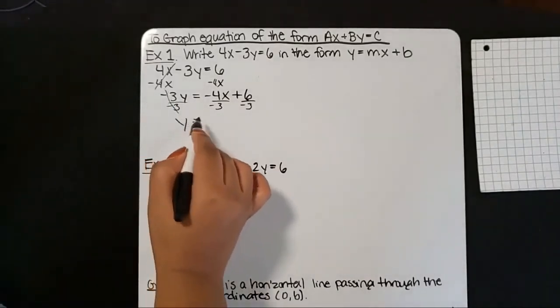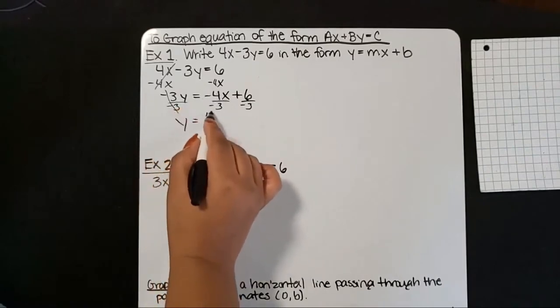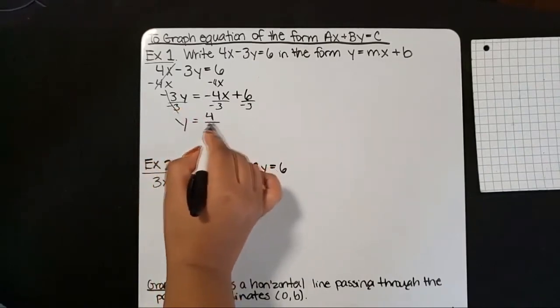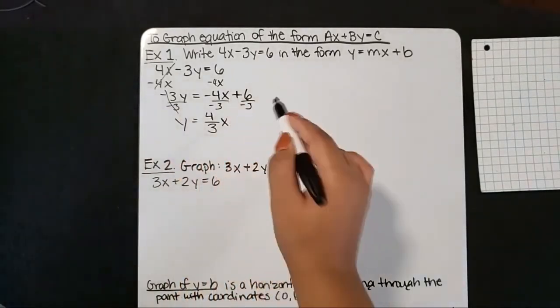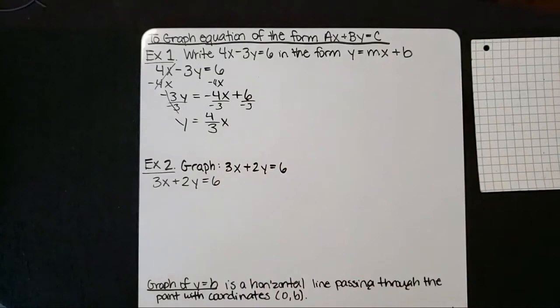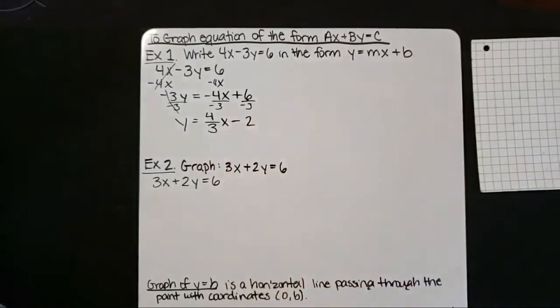So we have y. Negative 4 over negative 3 is positive 4 over 3. We still have our x, and 6 divided by negative 3 is negative 2. So we now have minus 2.